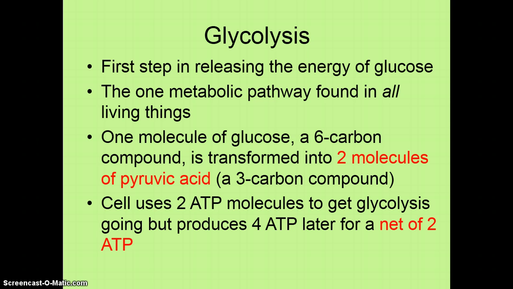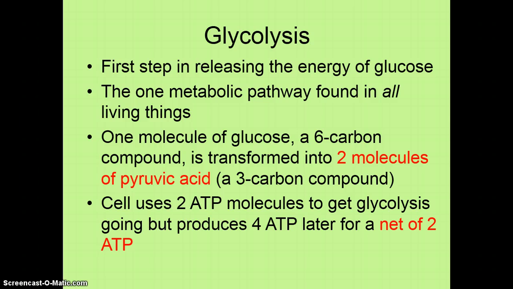So glycolysis, the first step, is releasing the energy of glucose. It is the one pathway, the one process that is found in absolutely all living things. So this one molecule of glucose, a 6-carbon glucose molecule, is transformed into 2 molecules of pyruvic acid, and pyruvic acid is a 3-carbon compound.